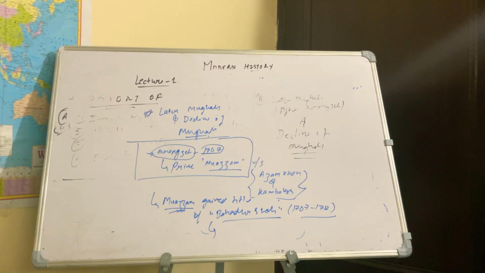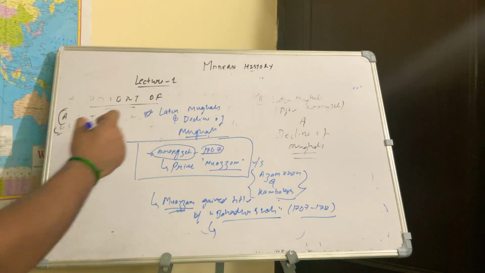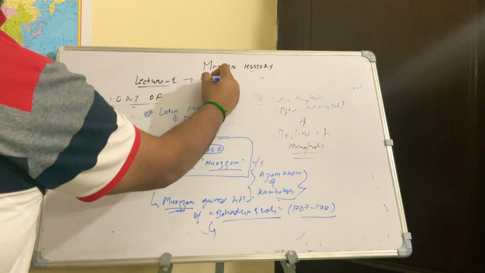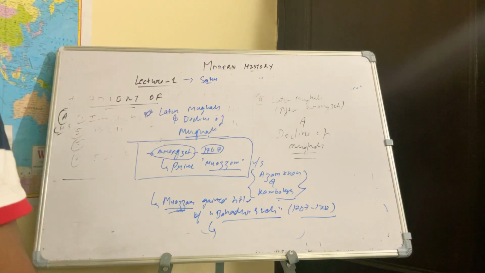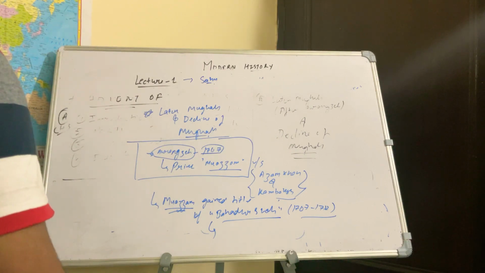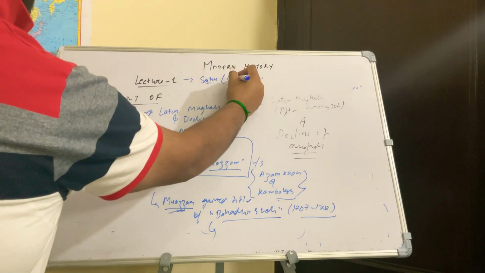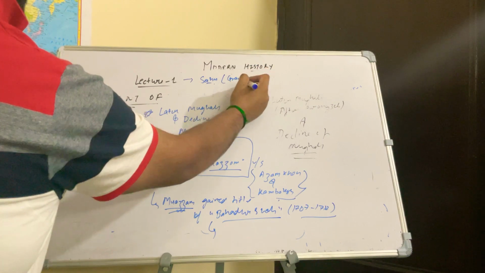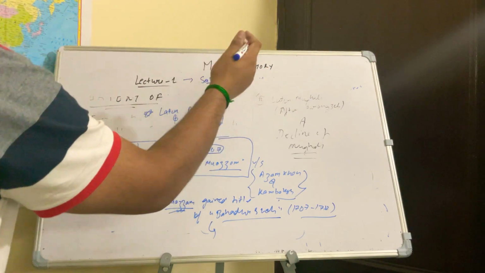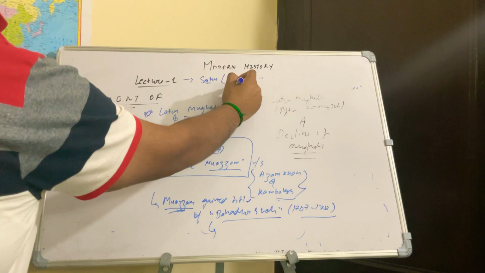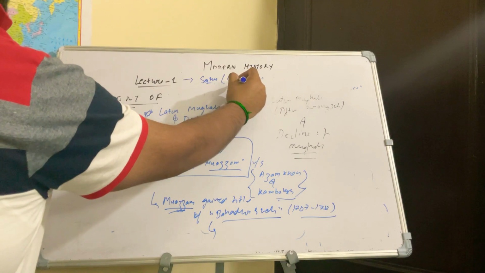Second point, he released the Maratha Prince Sahu. Please write: he released the Maratha Prince Sahu, who was the grandson of Shivaji. All these points we'll study in the later phase; at the moment, you just write this down.